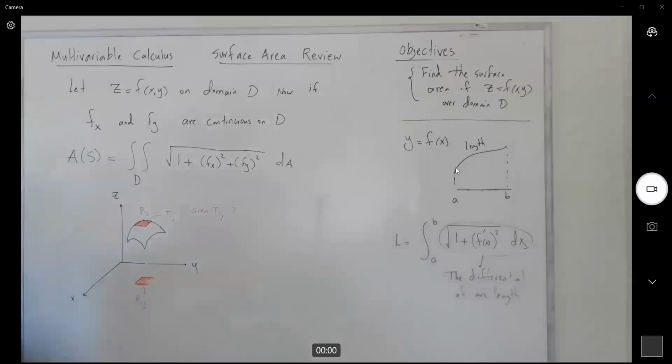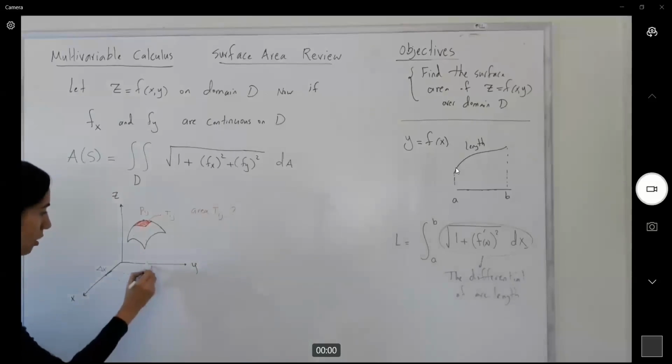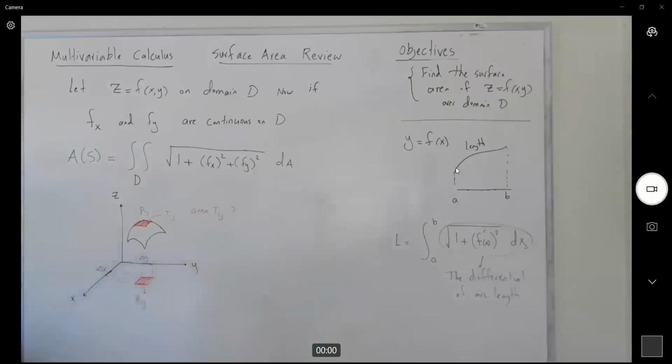So you have a parallelogram, and your goal is to find the area of this parallelogram. So this side on x-axis is going to be your delta x, and on y-axis, you have your delta y. This is just the projection in XY plane.